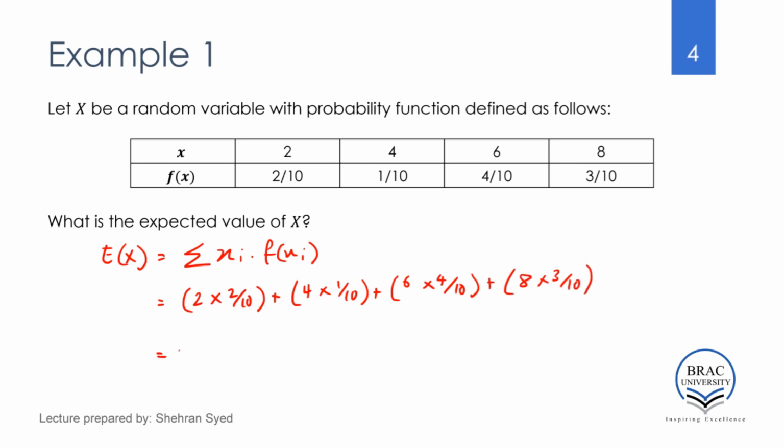That is equal to 5.6. So, the expected value of the random variable x is equal to 5.6. Or, the mean of the random variable x is equal to 5.6.